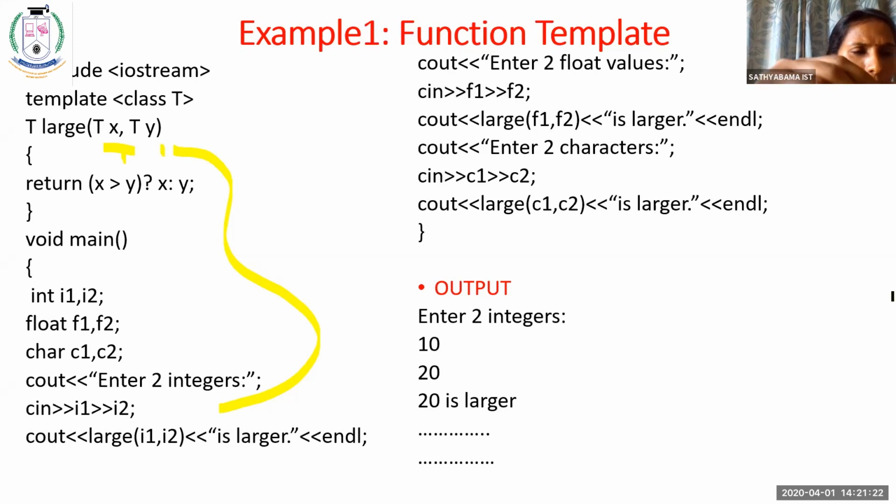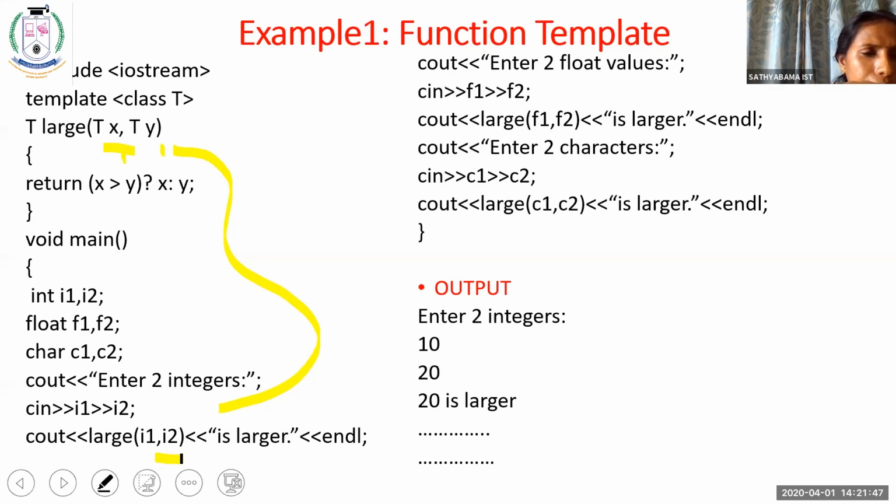Now the dynamic thing is that during the compilation time only, the T can be decided by the compiler according to the input given by the user. So during the calling, you are passing the arguments I1, I2, which are integer values. These 2 integer values are received by the formal parameters X and Y, and these X and Y are integers.